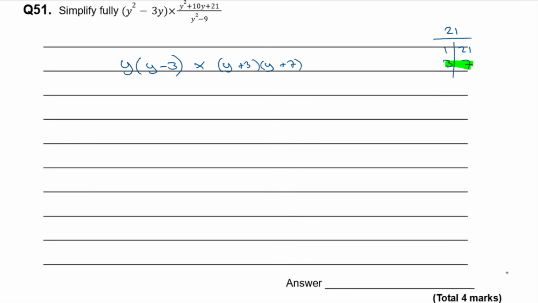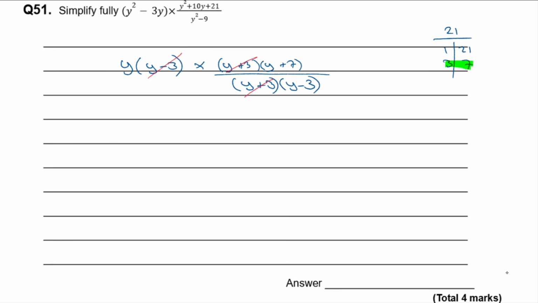And then on the bottom of that fraction, I've got y squared minus 9, and that's difference of 2 squares, isn't it? So that factorizes into y plus 3, y minus 3. Happy days, I can see things I can now cancel. So I can now cancel the y plus 3 and the y plus 3 there.